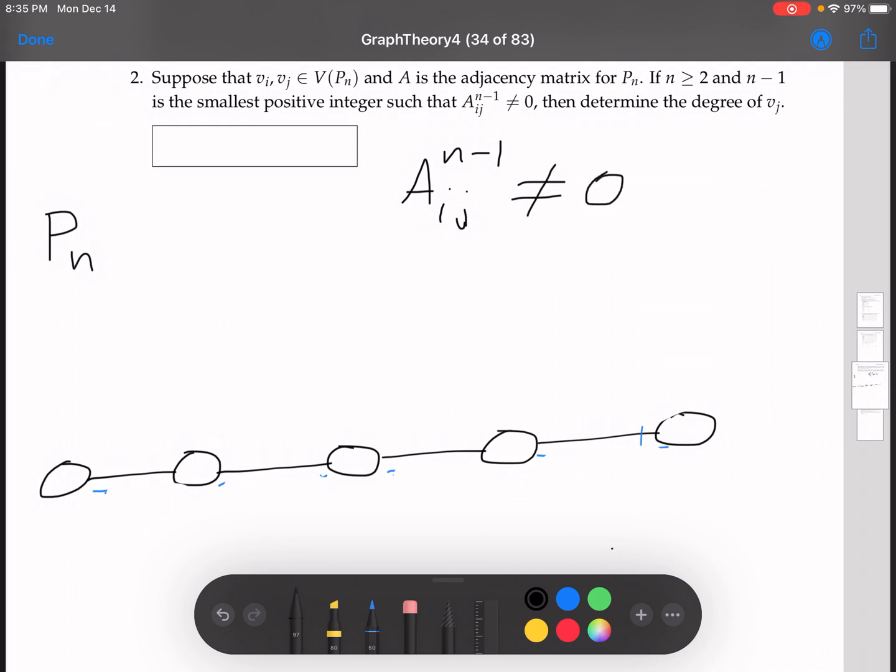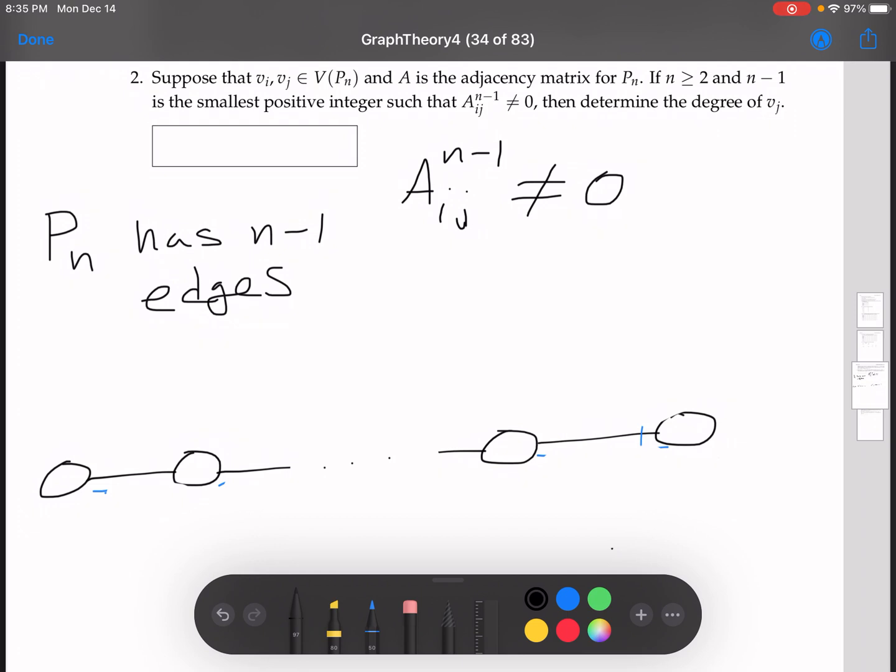And that's the smallest. So remember that Pn has n minus 1 edges. This we saw in the Graph Theory 1 worksheet.